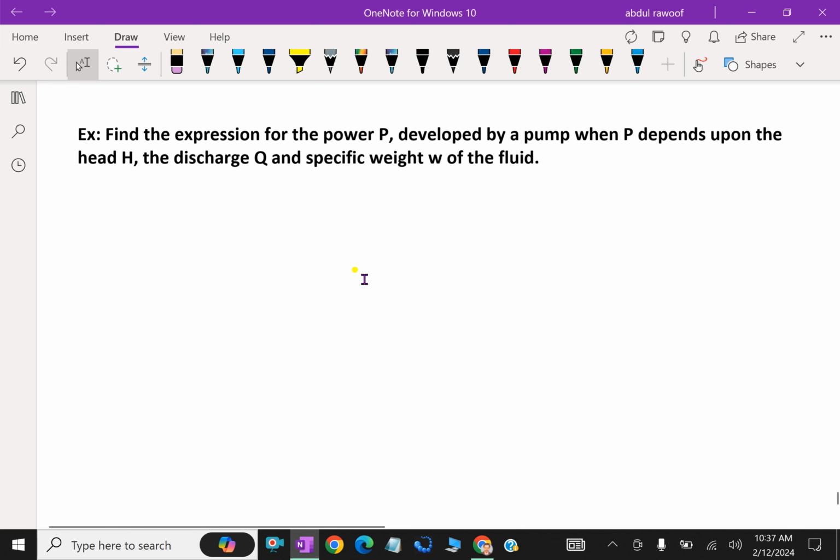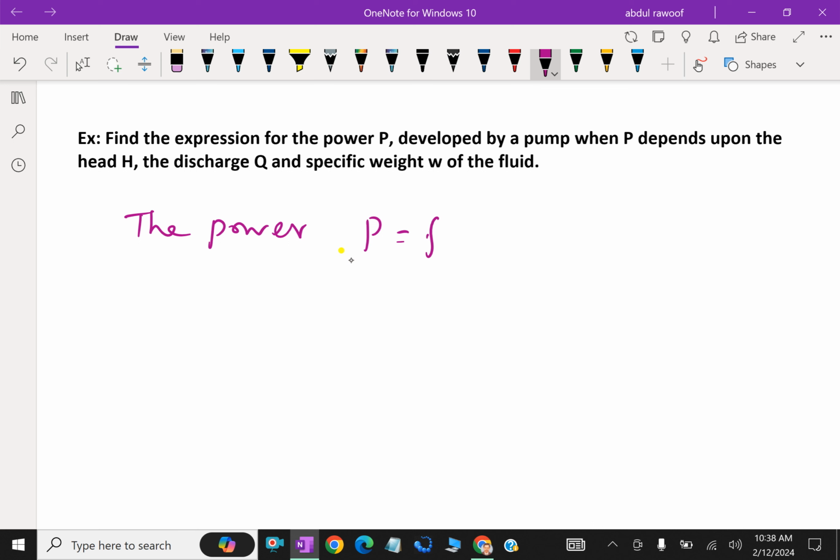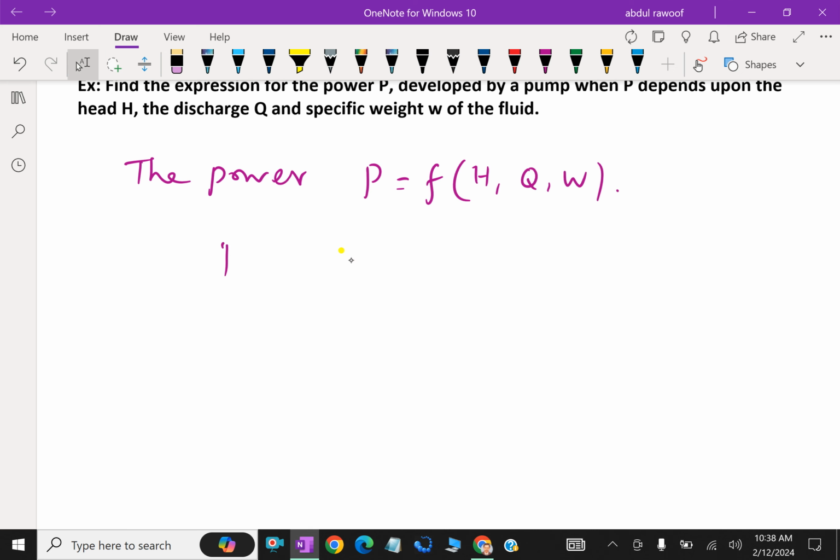Here the power P is a function of H, Q, and W. Therefore, P equal k times H power a, discharge Q power b, and specific weight W power c.